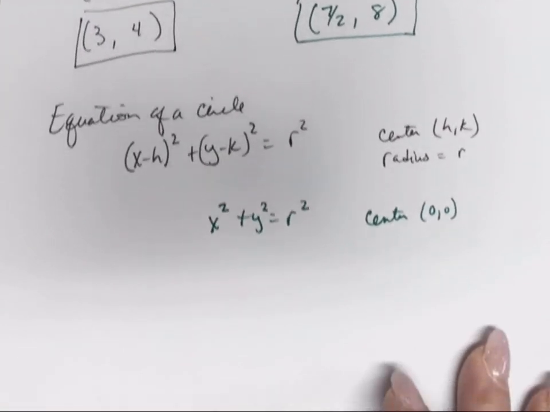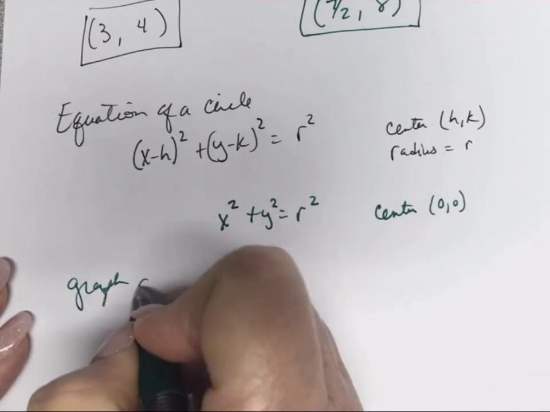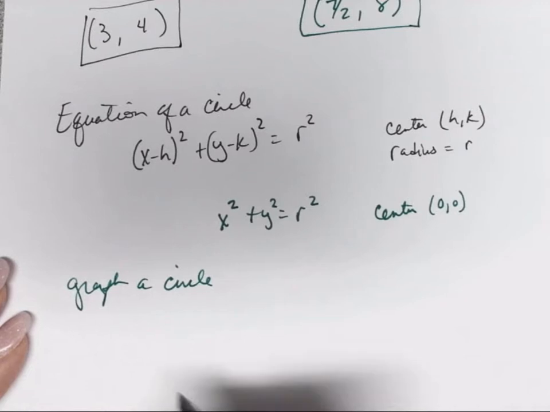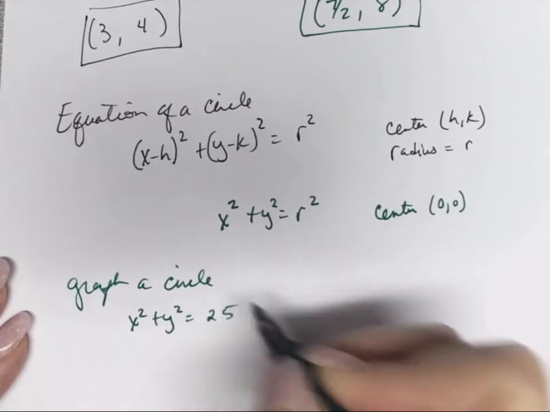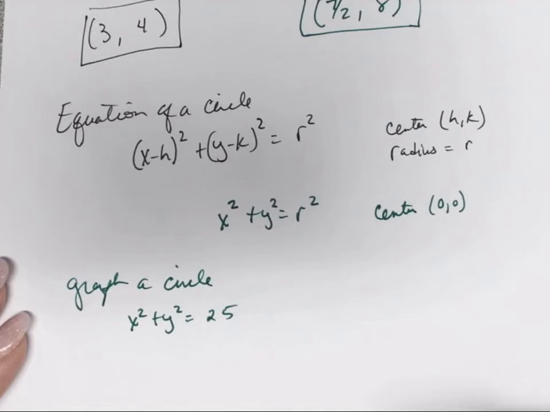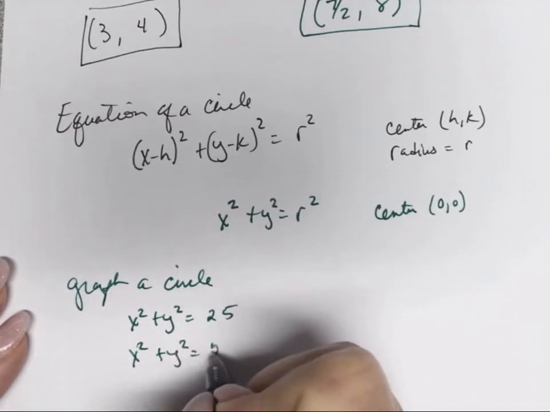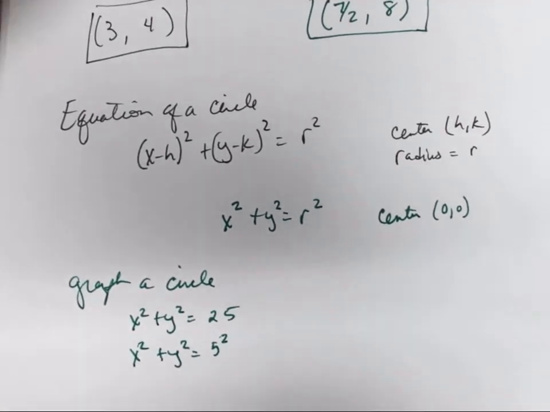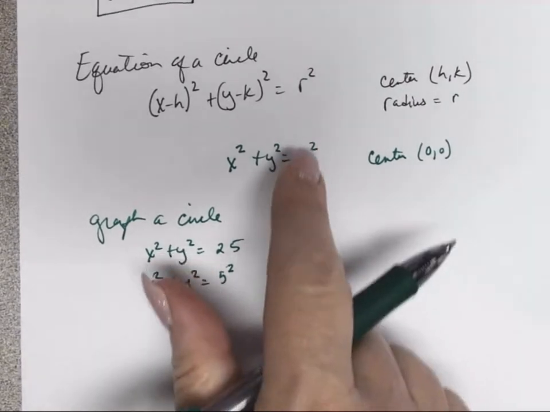So we're going to graph a circle. And we're looking at x squared plus y squared is equal to 25. So we're going to rewrite that as x squared plus y squared is equal to 5 squared so that we can flow more with our equation, because we need that r squared.